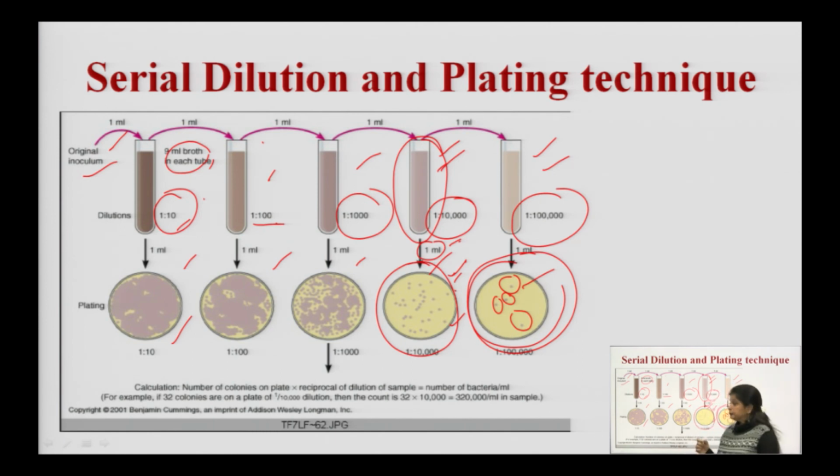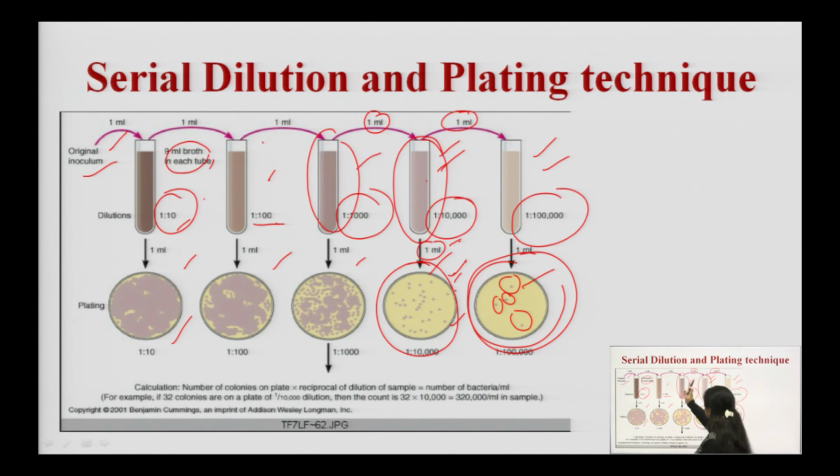That 1 ml was taken from this test tube, which has more bacteria, so this contains a total of 550 bacteria, and that means 1 ml of this sample was containing 550 bacteria.